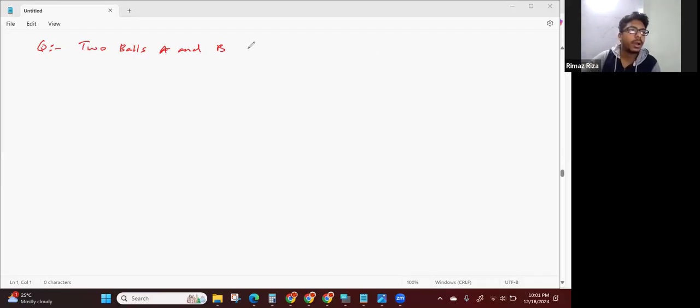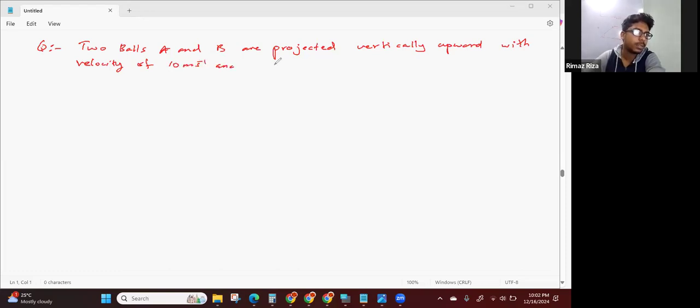Two balls A and B are projected vertically upward with velocities of 10 meters per second and 22 meters per second respectively.